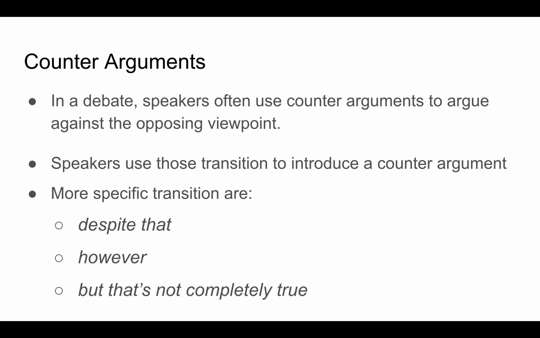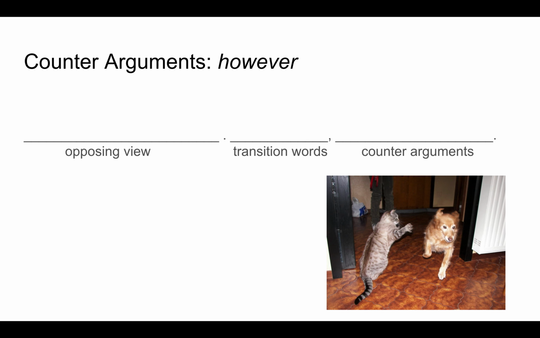Let me talk about how to make a counter argument. So we're going to talk about how we make a counter argument with the transition word, however. And the first thing we need to do is introduce the opposing view, then signal that you will make a counter argument with a transition word, and then give your counter argument.